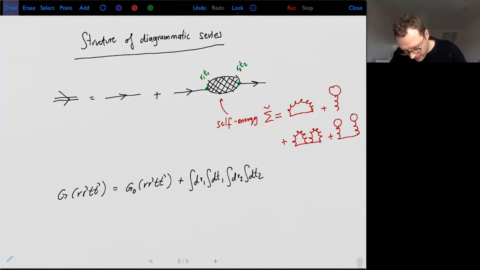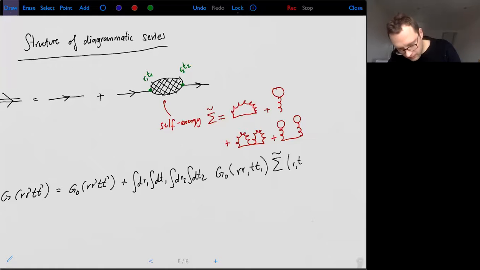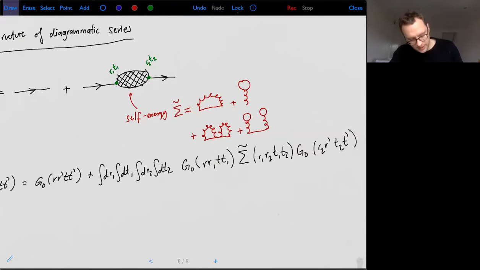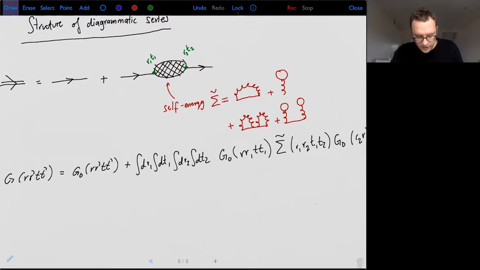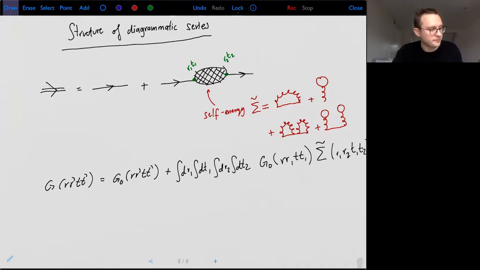And then I have a G0 from r and r1, t1. I've got my sigma tilde from r1, r2, t1, t2. And I've got another G0 from r2, r', t2, t'. So this is just the analytical expression corresponding to this diagrammatic expression.